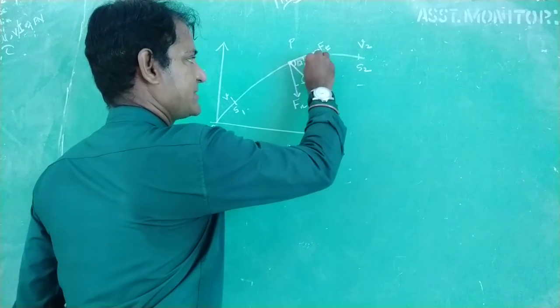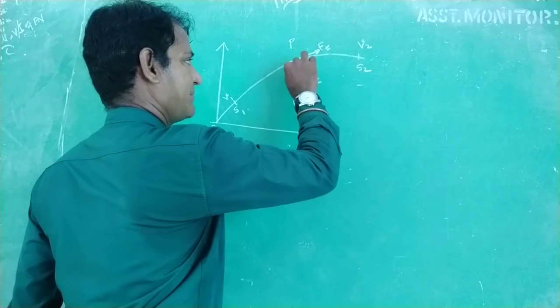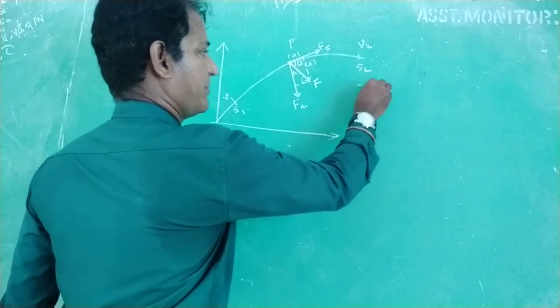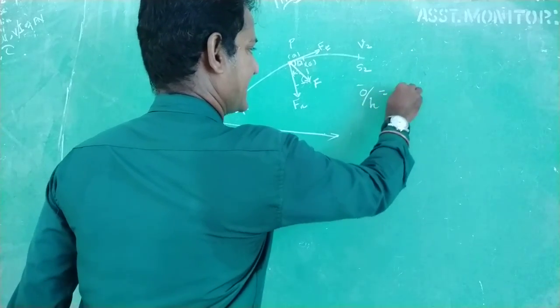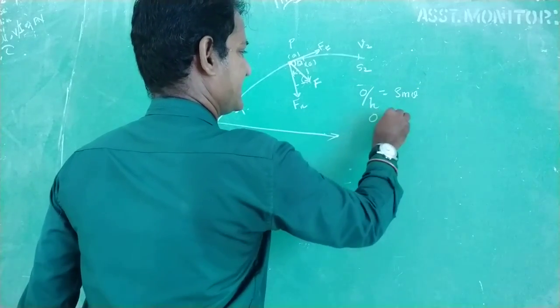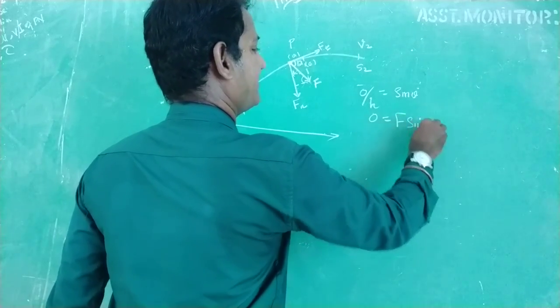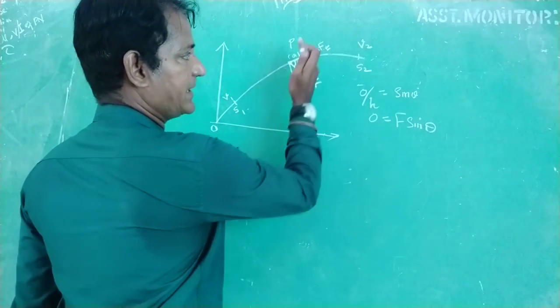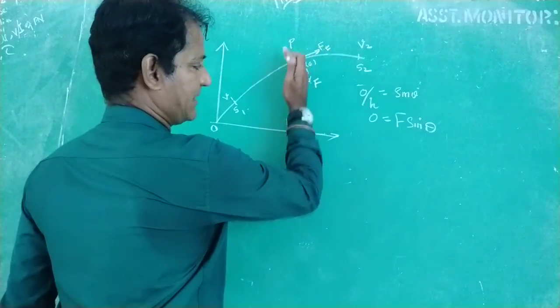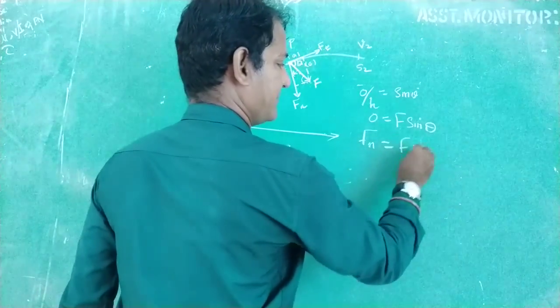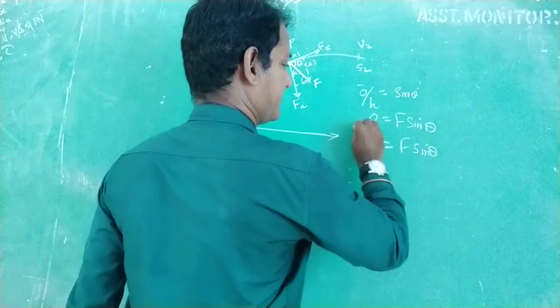If this is the opposite side, this is the hypotenuse, and this is the adjacent side, then opposite by hypotenuse is equal to sine theta. So the opposite side is equal to F sine theta. Here the opposite side is parallel to Fn, so the normal force is F sine theta.